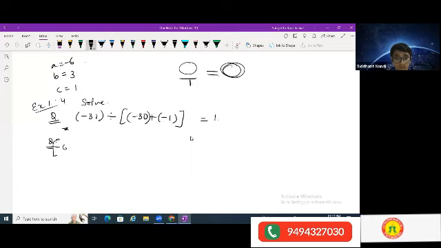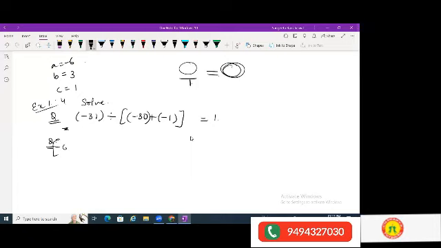It's like this. Bracket over, and this is minus 6 plus 5. Then you have the divide sign. Then you have minus 2 plus 1. Like this. Do this.